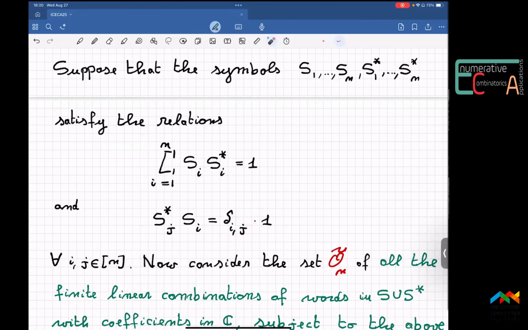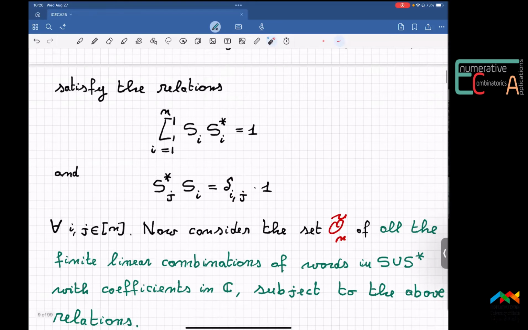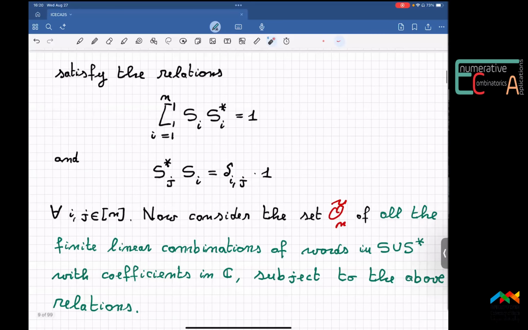If i is equal to j, this is 1. I'll leave this for a couple of seconds so that you can absorb them a little bit. So I have this sum equal to 1, and then this thing here. And this is only from this side. For Si Sj star, you don't impose anything, right? Exactly. For Si Sj star, I don't impose anything, exactly.